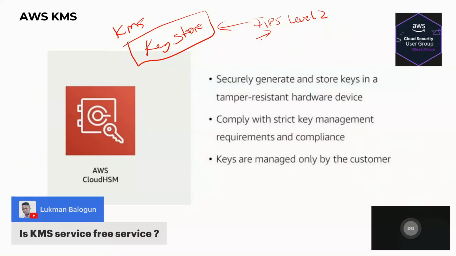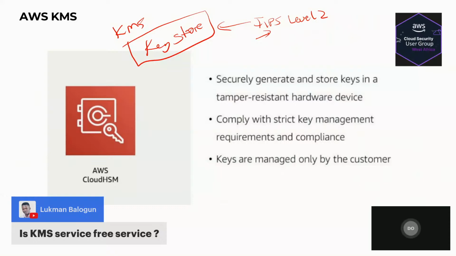That may not be sufficient for many organizations. They may require a higher compliance level. So for example, especially if you're working with a financial institution like a bank, or maybe a military institution, in some cases they're going to require stronger compliance requirements, and KMS may not meet that.